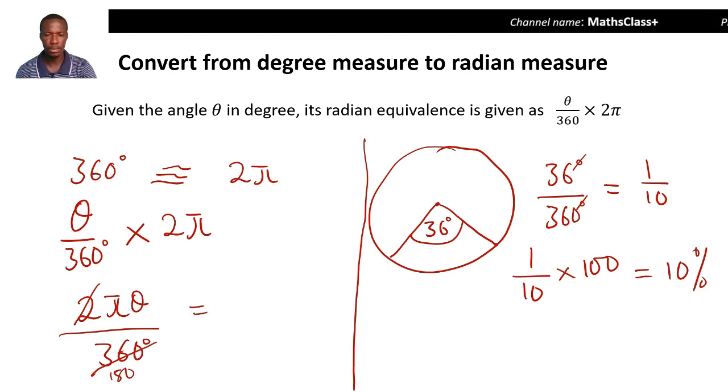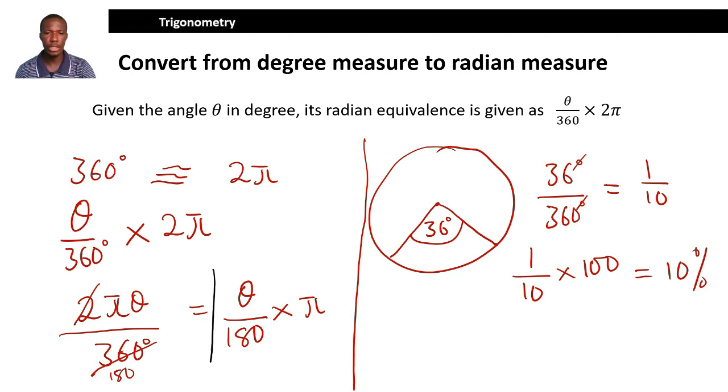So this can be simplified as theta over 180 times pi.